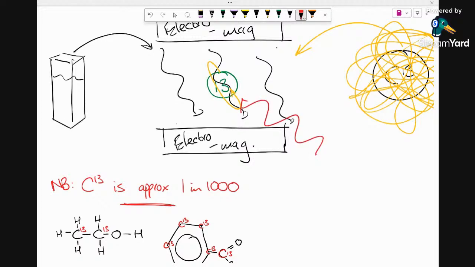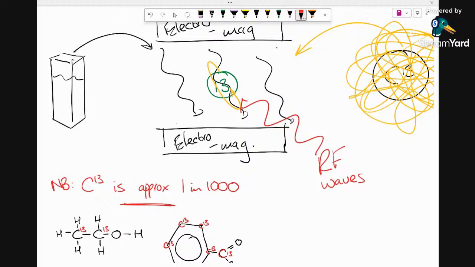So I'm going to hit this with RF frequencies, radio frequency waves. Yeah, so this is RF. And those radio waves will cause certain atoms in certain environments to resonate.